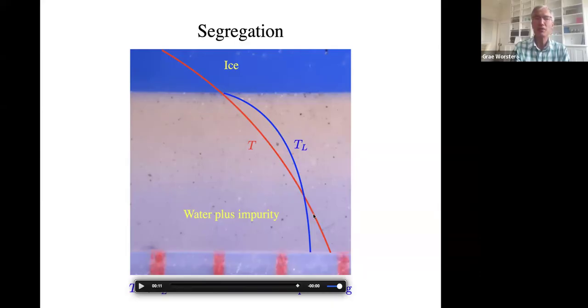And in consequence, even though the far field, the ocean, has a temperature, red, above the freezing temperature, there's this local region where the temperature is below the freezing temperature. So we've created a region here of supercooling, a region of liquid whose temperature is below the freezing temperature. And the system doesn't like that.